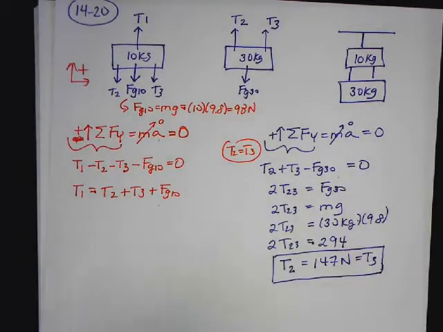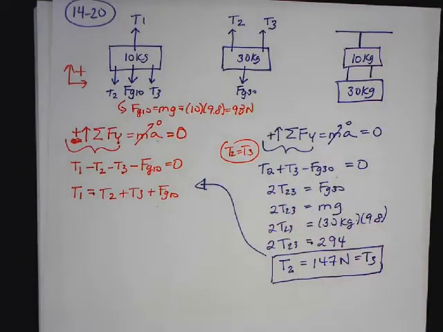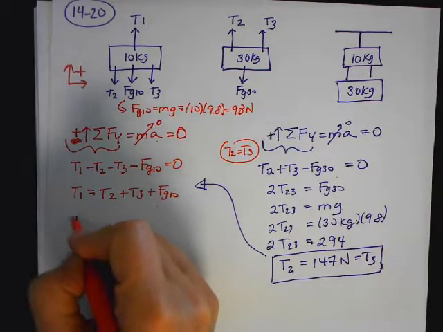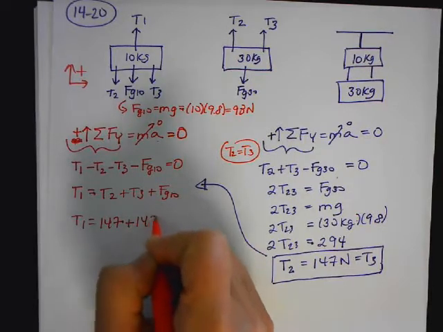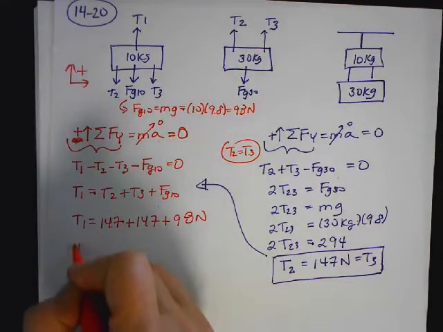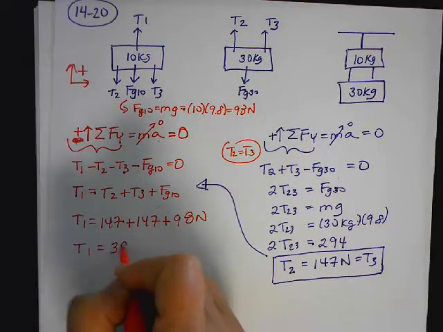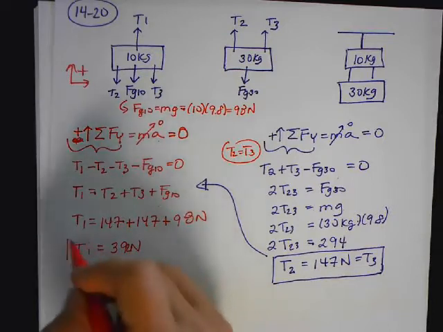Or you could just call it T. I just didn't want to get it confused with T1. Now I can go back to here. So now I know T2 and T3 are equal. So I can say T1 is equal to 147 plus 147 plus 98 newtons. So T1 is equal to 392. Oops, I forgot my newtons.